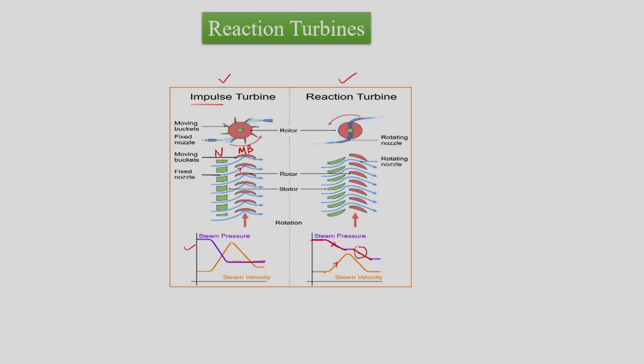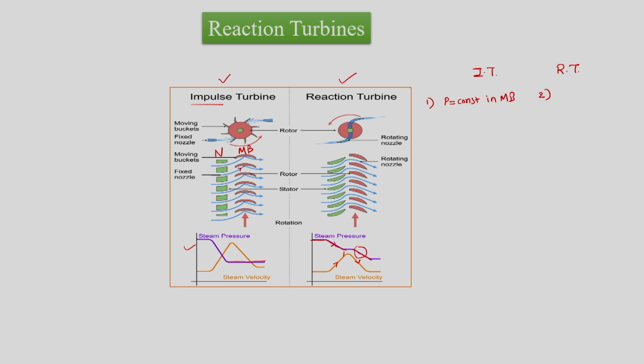So the absolute velocity will rise in the nozzle, and then that absolute velocity will decrease in the moving blades. The very first point we should understand is, if we have an impulse turbine and then a reaction turbine: in an impulse turbine we have constant pressure in the moving blade.